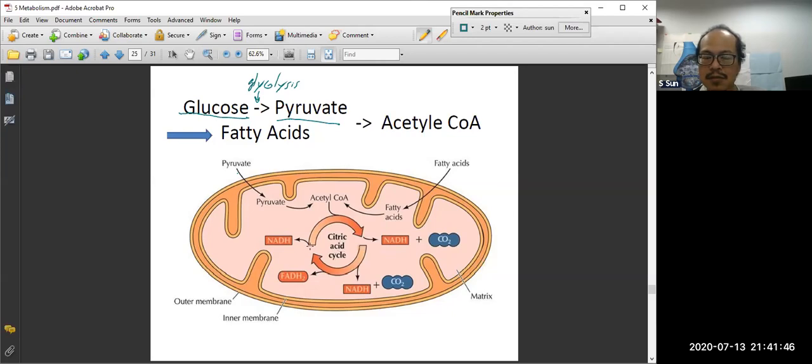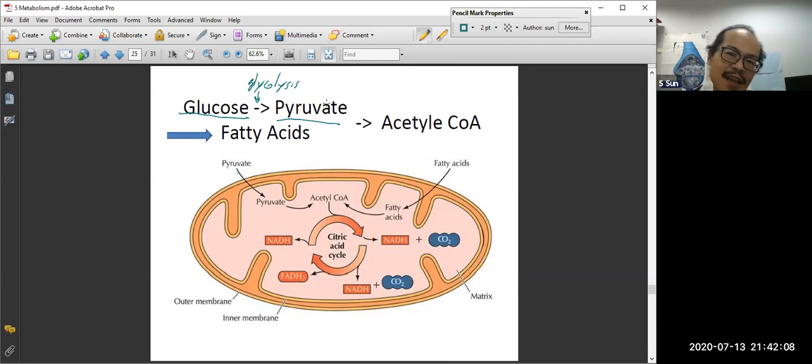This is a machine, this is called a wheel, right? And then it produces NADH and FADH2, and that will be used to produce ATP. All right, so that's glucose.